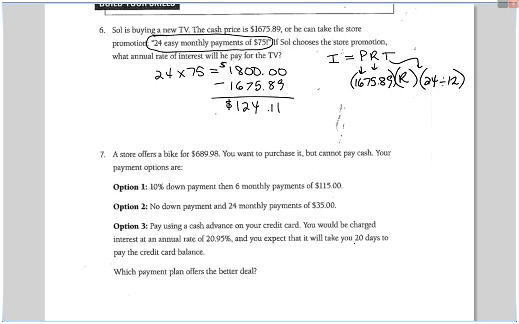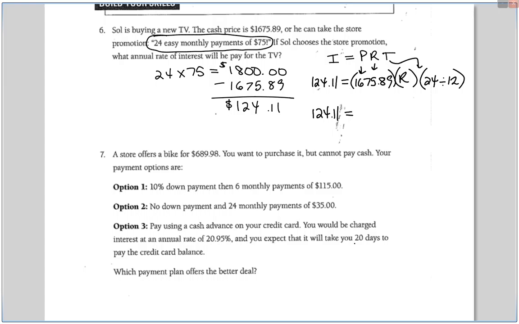And what was the interest charged? 124.11. Now you got to solve for the unknown, which is R. So if you recall on algebra equation solving, you're going to need to have your variable alone with a number beside it.